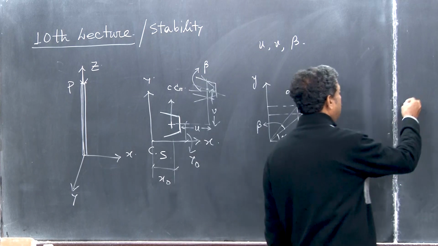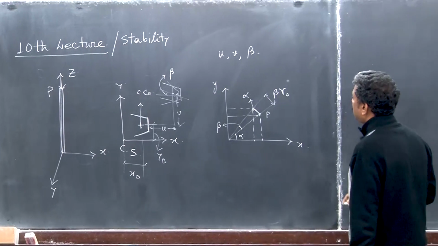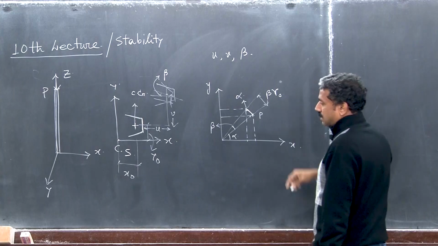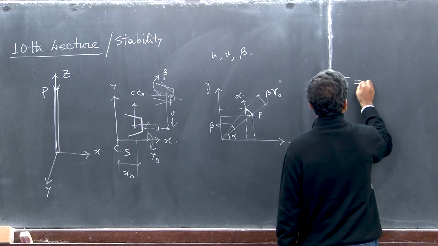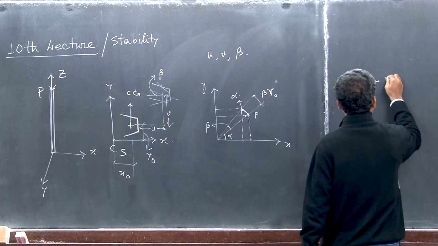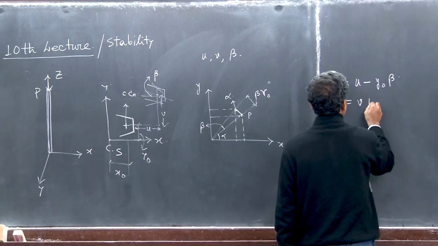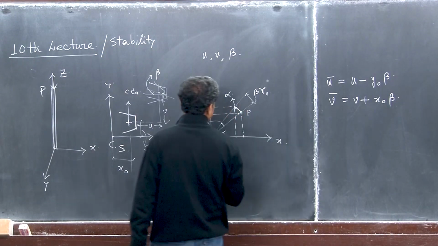We have seen that U and V are the pure translational part. Because of the twist beta, U and V will be modified slightly. U will be modified as U minus y0 into beta, and V bar is V plus x0 beta. How is it happening?